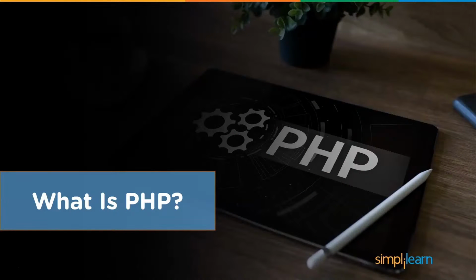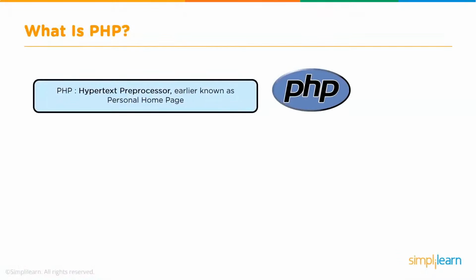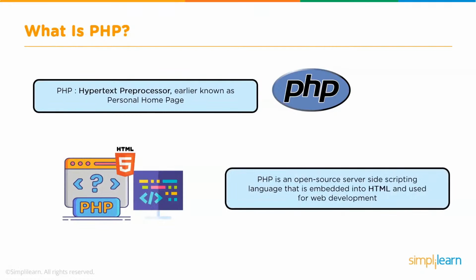Now, before moving on to programming concepts, let us first see what is PHP and some of the reasons why it is useful. Now, PHP stands for Hypertext Preprocessor, which is a recursive acronym but was originally known as Personal Homepage. PHP is an open source server-side scripting language that is embedded into HTML and used for web development.